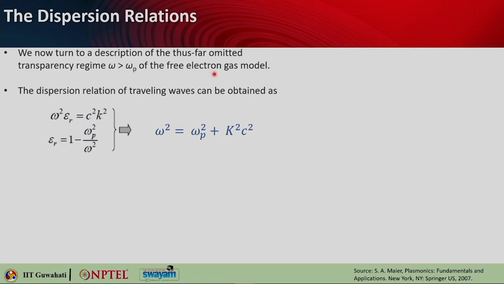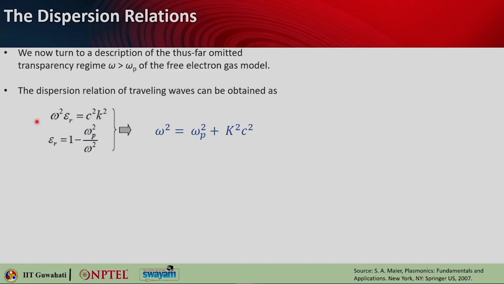Fine. Now, let us turn to describe the transparency regime, which is omega greater than omega p, for the free electron gas model. The dispersion relation for the travelling wave can be obtained in this form: omega square epsilon r equals c square k square. So, what is this particular formula? If anyone is able to guess, this formula is nothing but the dispersion relationship omega equals c k in vacuum.